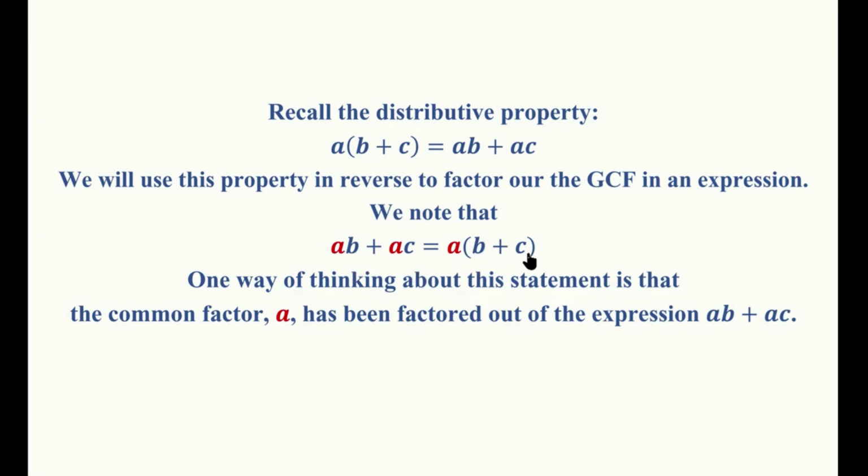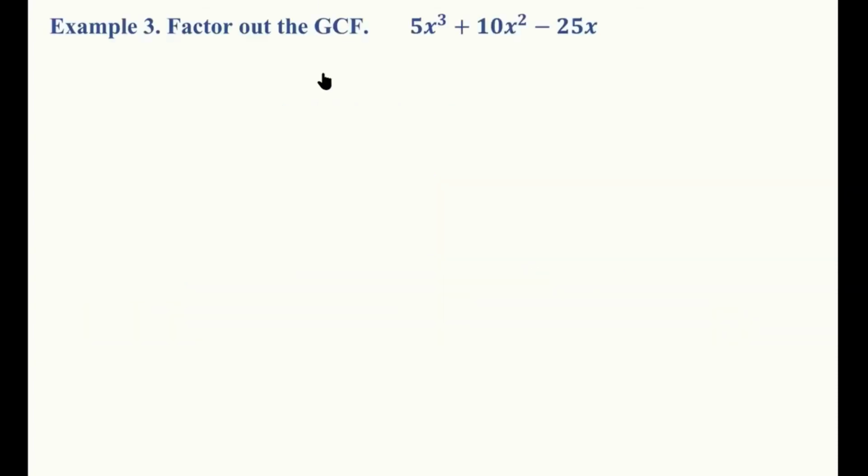You put the B plus C. These two statements are saying the same thing, but one is saying it in the multiplicative direction, and this one is stating it in the factoring direction. So when we take the common factor out, A, from these two terms, what are we left with? B plus C. That's basically the essence of factoring out the greatest common factor.